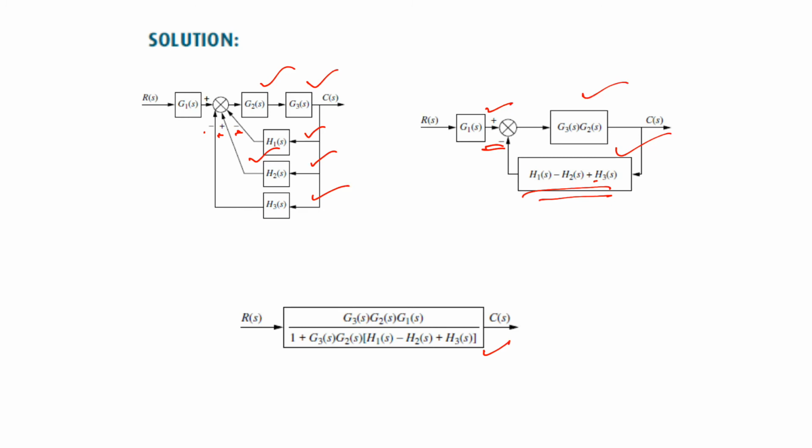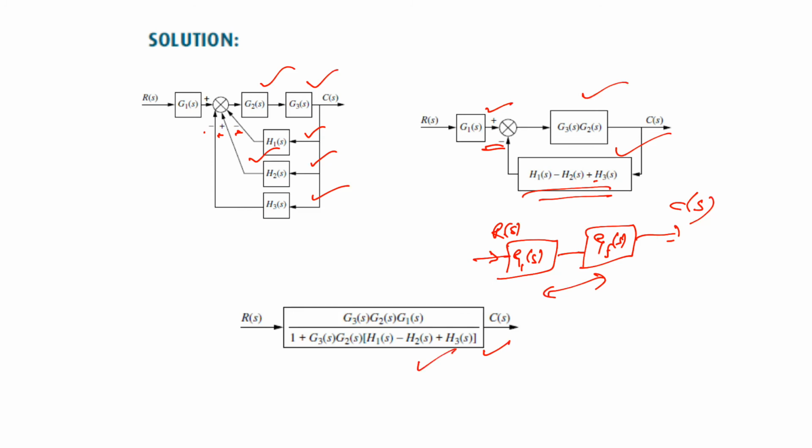We multiply it with G1(s), because whatever we are getting is this one, that is G1(s), and let us suppose the transfer function of the feedback form is G_f(s), so this is C(s), and these two are multiplied, and finally we are getting this transfer function, that is G3(s) into G2(s) into G1(s) divided by 1 plus G3 G2 into H1(s) minus H2(s) plus H3(s).